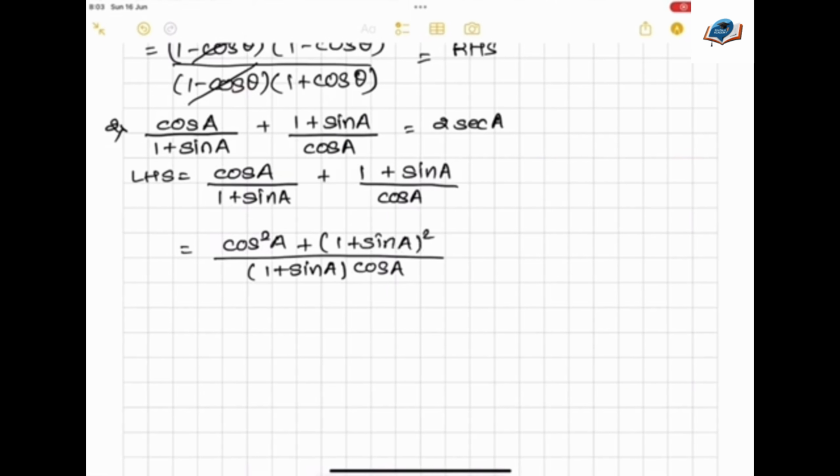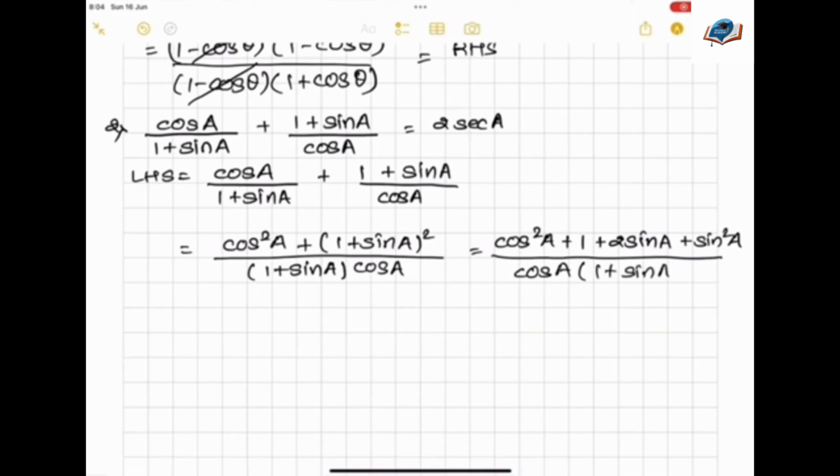So that will be cos square A plus 1 plus 2 sin A plus sin square A whole upon (1 plus sin A) into cos A.